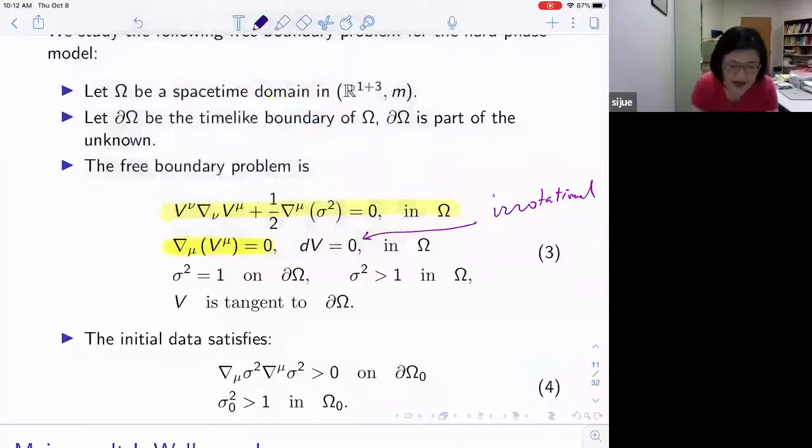Then we assume the pressure is 0 on the time-like boundary, and greater than 0 in the interior of the fluid domain. That means there's no bubble inside.